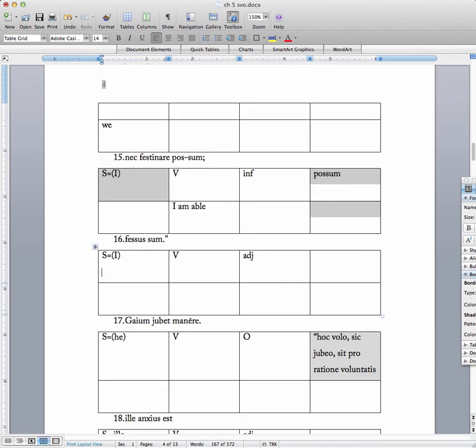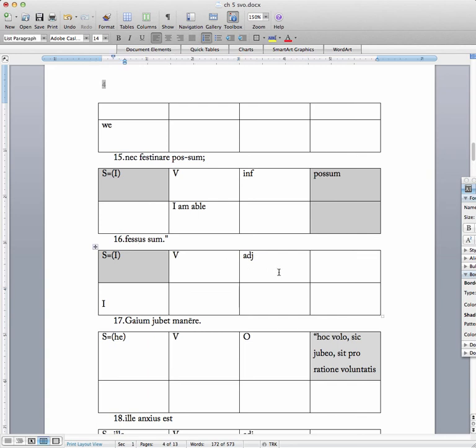So the subject, once again, is supplied for you, implied, not supplied, it's implicit. I, so here you write I. The verb, so sum here was a verb. Sum without pos is also the verb.